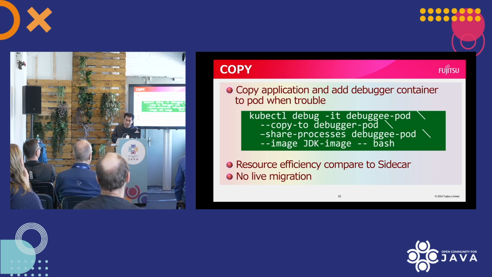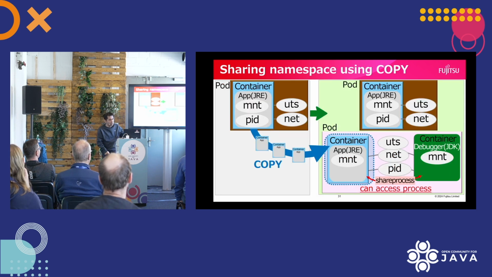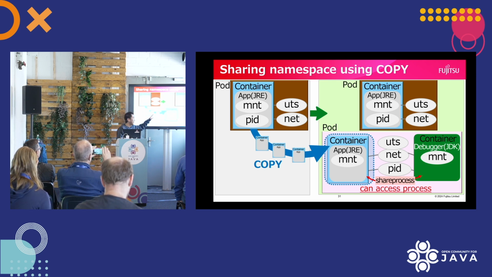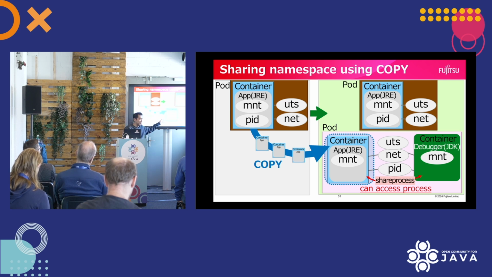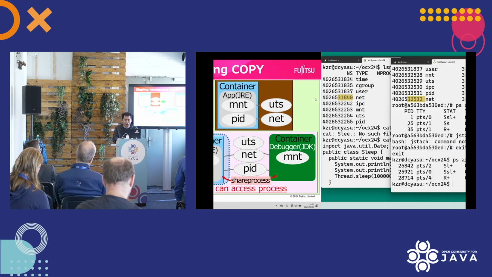By using this command, you can create a new pod, copy the existing container to this new pod, create a debugger container and add it to the pod. And the debugger container can share the PID namespace. So let me show the example.